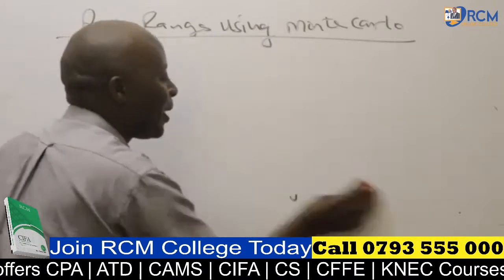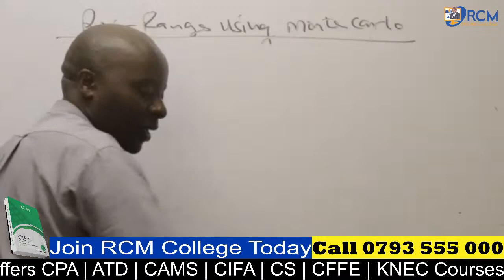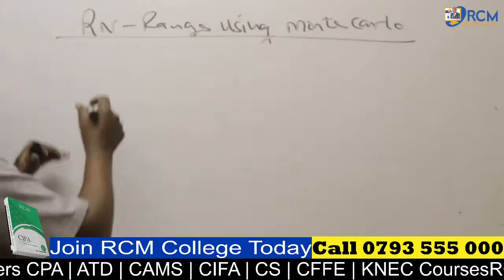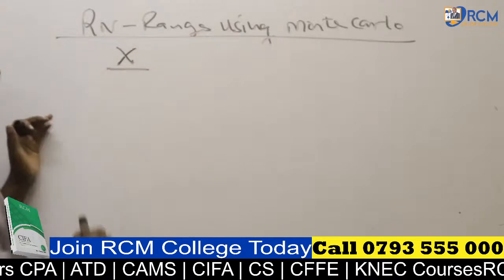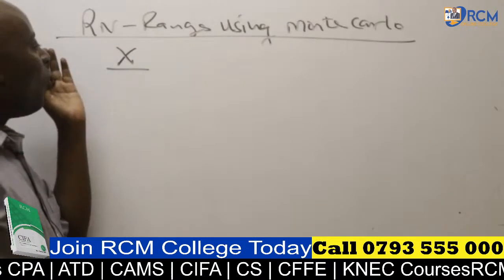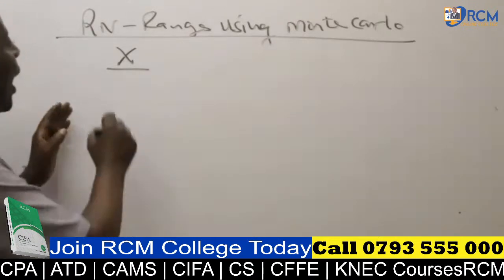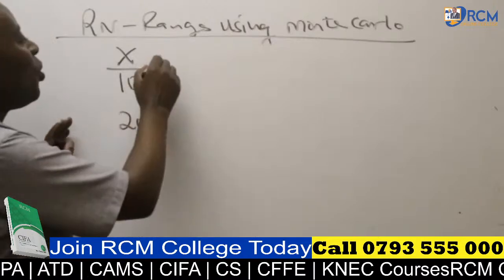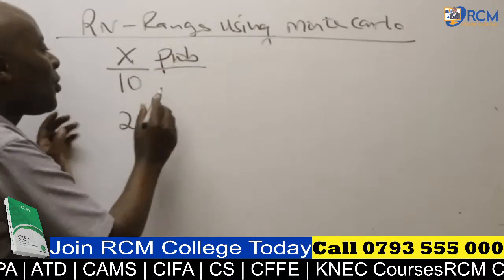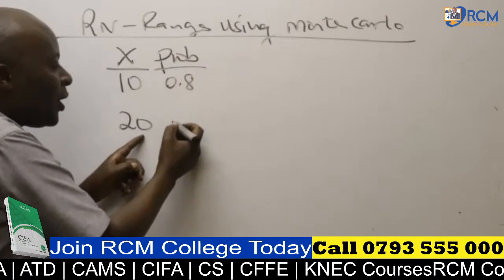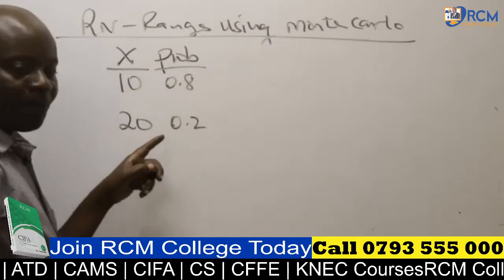Now, ladies and gentlemen, when you are given a probabilistic distribution, for example, this X could be price. I want to go to business and I don't know how much in terms of price I should charge. I could either charge 10 or 20. And then they will give you the probability. The probability of charging 10 could be 0.8. The probability of charging 20 could be 0.2.